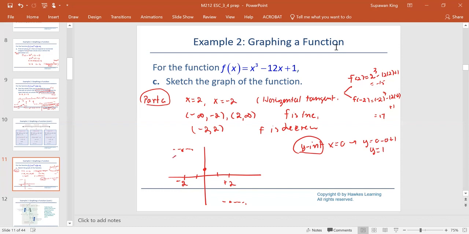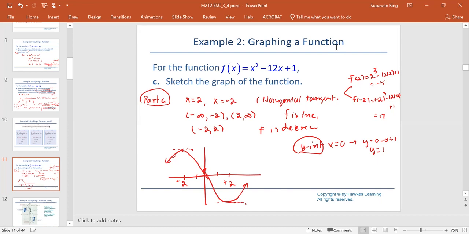And we know that the graph is increasing from -infinity to -2, decreasing between -2 and 2, and then has a horizontal tangent at +2. Within the interval 2 to infinity, the graph is increasing. So we are done sketching the graph.